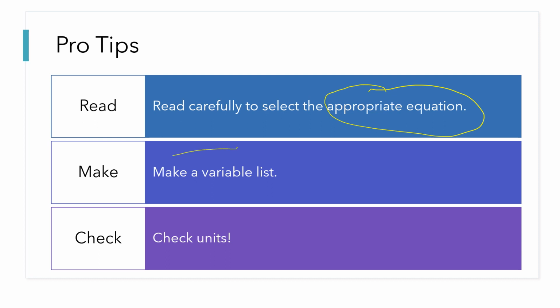Also, I always make a variable list. I've already modeled that in a couple of the earlier videos, and I will continue doing that. And watch out for units. We've got to make sure that we're using the appropriate units no matter which law we're using.